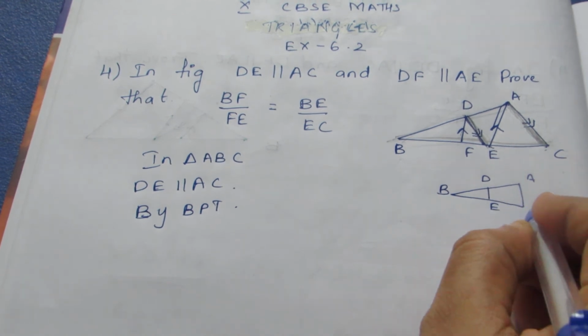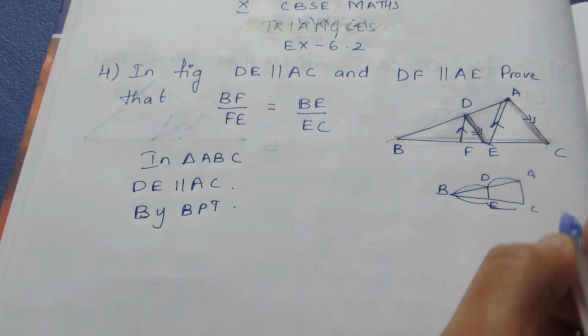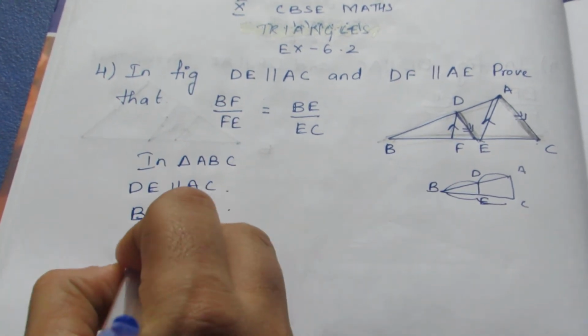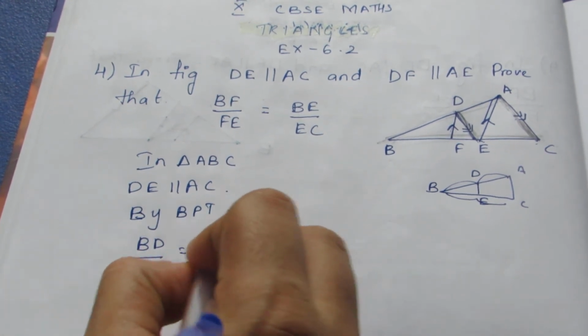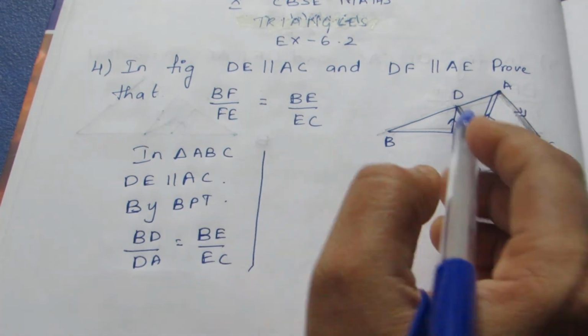DE is parallel to AC. So we know that BD by DA equal to BE by EC. So BD by DA equal to BE by EC. Now I have proved one. Now we'll move on to the next parallel.